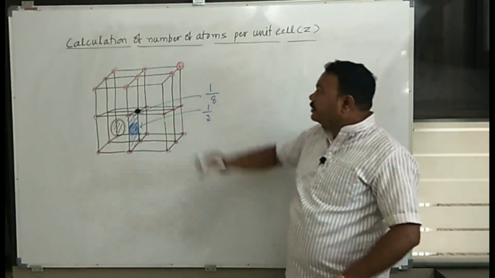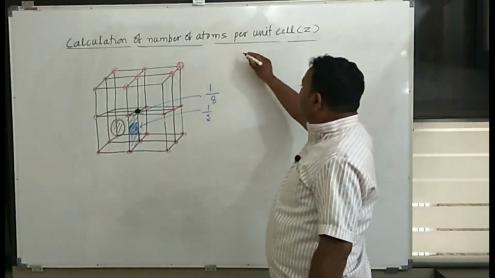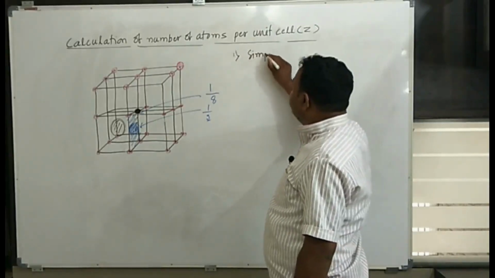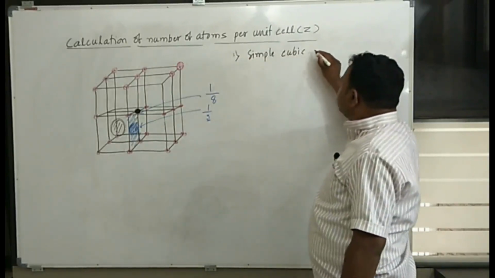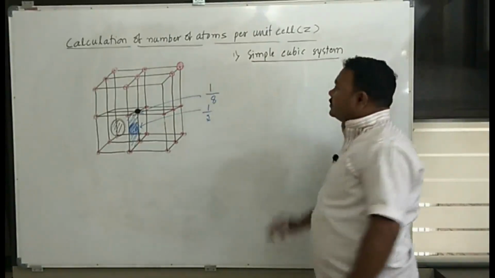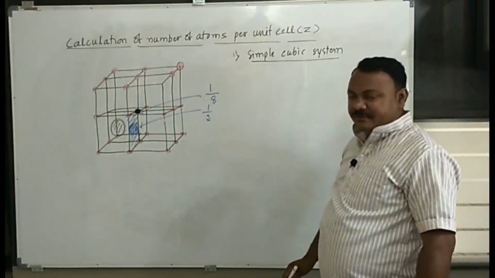Okay, we go for the calculation of number of atoms per unit cell, and we are doing this calculation with respect to the cubic system. First, we are going to consider the simple cubic system.